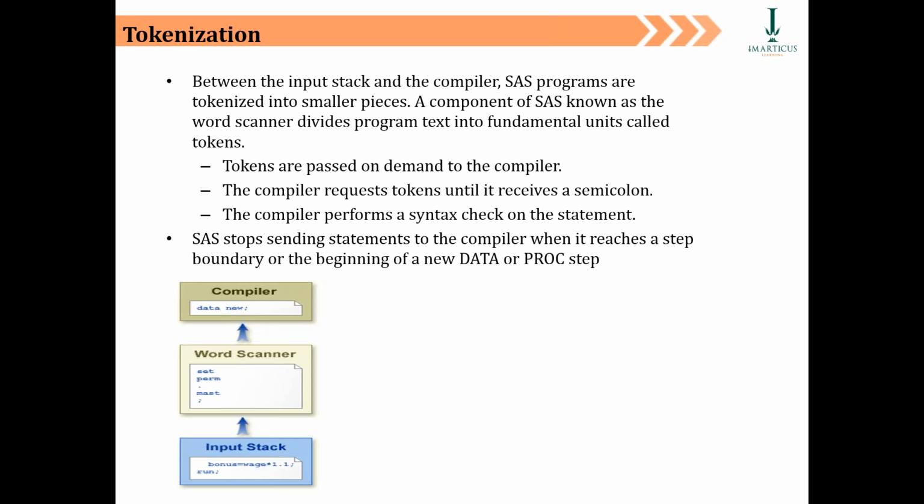So these tokens are passed on demand to the compiler. The compiler requests tokens until it receives a semicolon. That is the reason, as we miss a semicolon, it violates the tokenization rule, so it ends up in an error. The compiler performs a syntax check on the statement. SAS stops sending statements to the compiler when it reaches a step boundary, the beginning of a new data or proc step, because SAS has got two classes of steps: either a proc step or a data step.